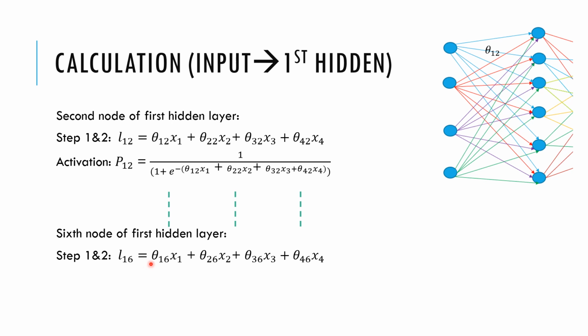So theta 16 x1, then theta 26 x2, then theta 36 x3, then theta 46 x4. We add all of them together, and then again we calculate the activation using the activation function, sigmoid as our activation function.